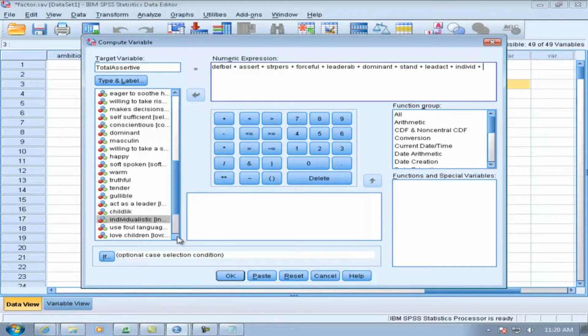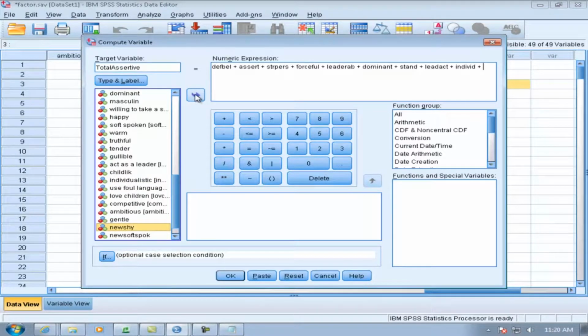And the next one? Well, do you want to add the new shy? Yeah, we're going to put it in. Okay, then next would be new shy. Okay, new shy right here. Yeah, cross-loaded. And then new soft-spoken.